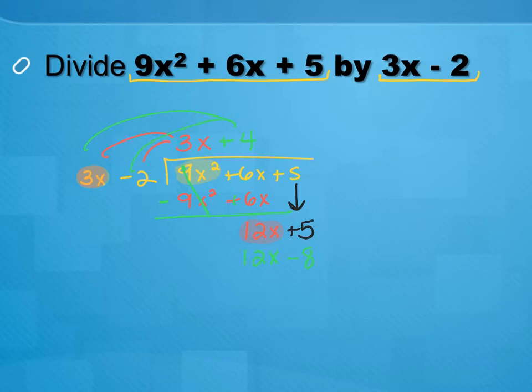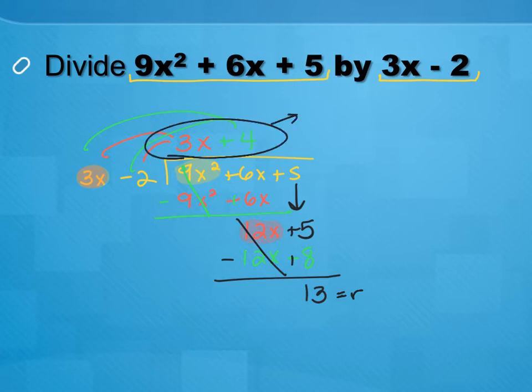Change your signs. First column cancels. And 13 is my remainder. So this is called my quotient. This is my remainder.